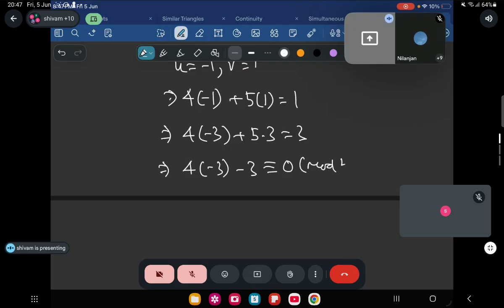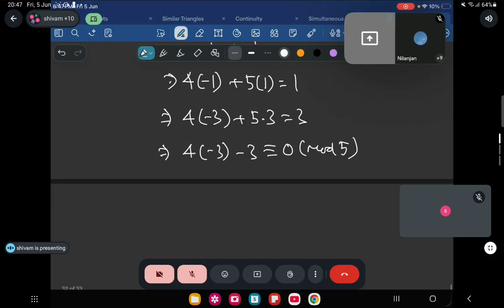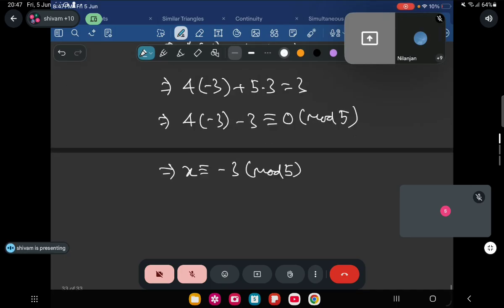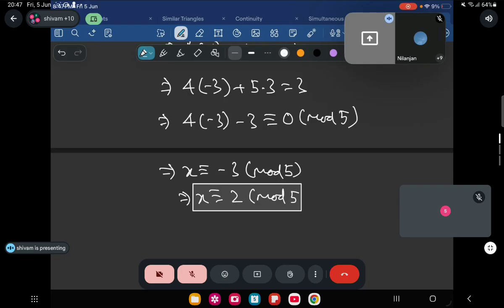Right, it is divisible by 5. So I can say that x is congruent to minus 3 mod 5. Now we need to add 5 on both sides. This implies x is congruent to 2 mod 5. Done. This is the solution. Minus 3 mod 5, we need to add 5 on the right hand side to make it positive.